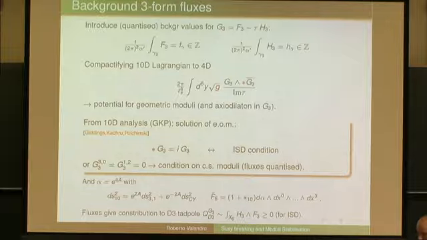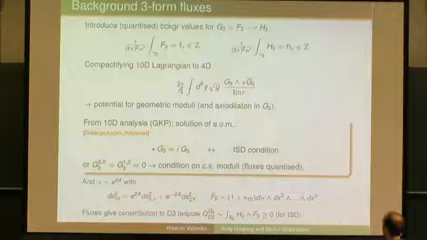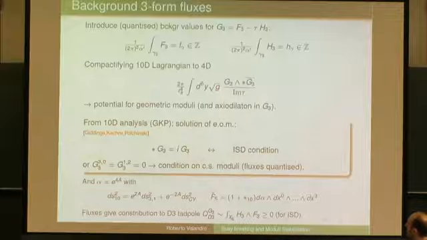Okay, so the first thing, the successful thing that was introduced almost 15 years ago, was a background value for the fields B2 and C2, such that their field strengths have a non-vanishing vev. You have to do this by introducing quantized values for the fluxes.